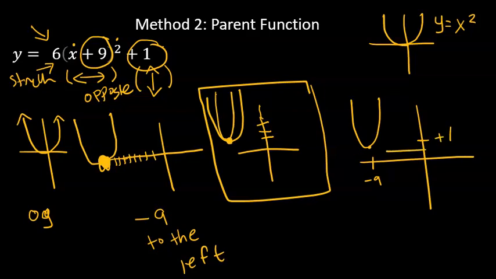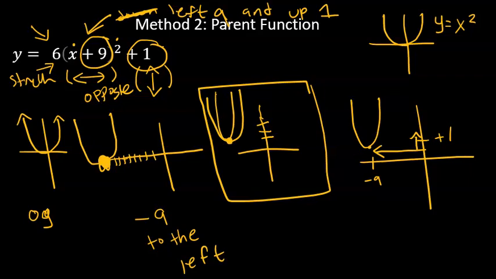We went down 9 and up 1. That's all we did. Do the opposite. Wait, I guess we went left 9 and we went up 1. That's it. That's all we did, and that's how you draw that one.